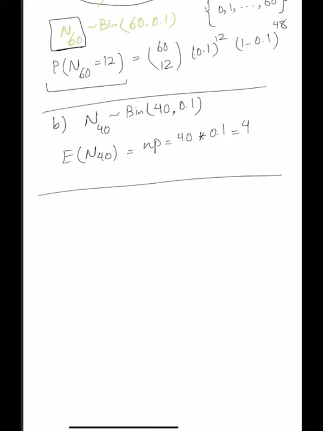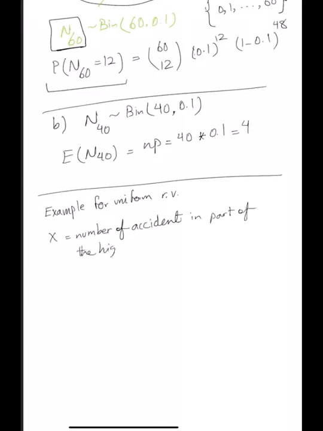If I want to give you an example of a uniform random variable, let's look at the ones that we just talked about. I let my random variable X be the number of accidents, let's say, in part of the highway in each week.